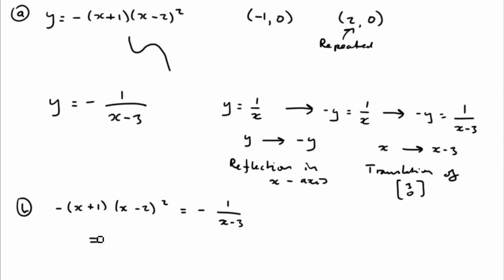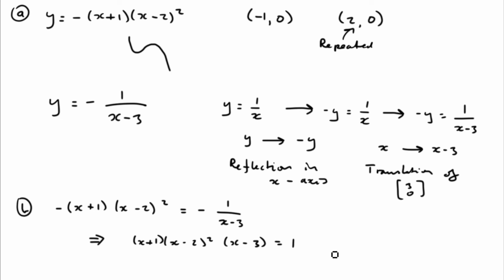And now you can see that if we multiply both sides by x minus 3 and also by negative 1 to get rid of the negatives on both sides, then we will have (x plus 1)(x minus 2) squared (x minus 3) is 1, which apart from the order of the factors is the same as the equation we're being asked to look at.